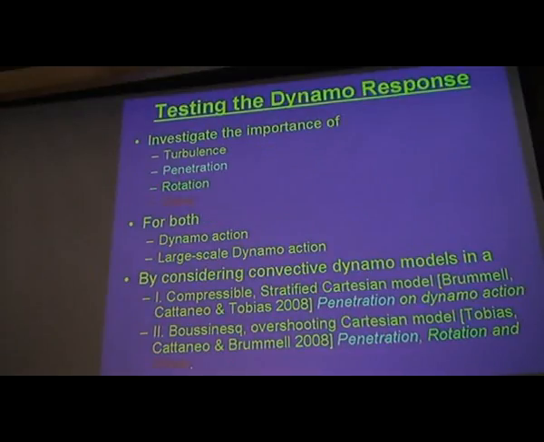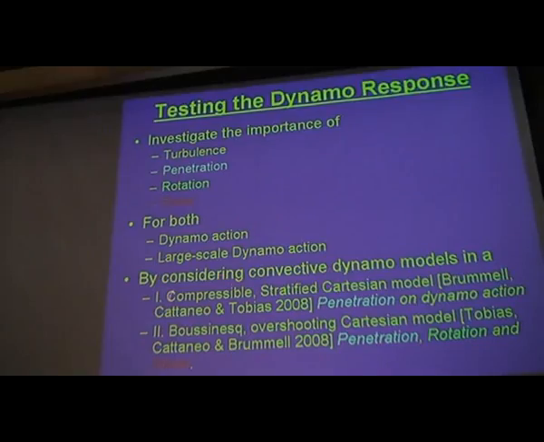So we're just going to do some simple numerical experiments to test the importance of turbulence, penetration, rotation, and shear for both small-scale dynamo action, because you might be interested in whether penetration affects it, and large-scale dynamo action, by considering two simple local Cartesian models.